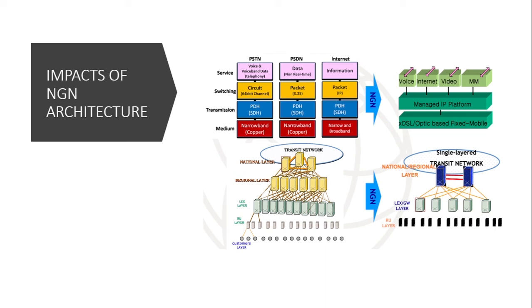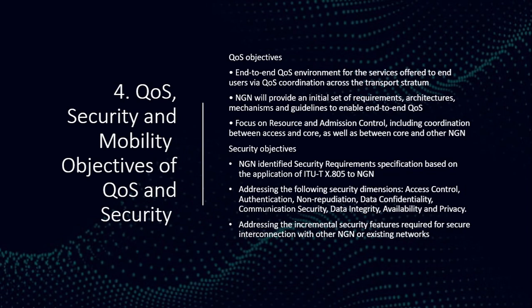Here we can see that there is more simplicity in the network overall. Okay, so now we're talking about QoS, or quality of service, security and mobility objectives. For the QoS objectives, first of all, there is an end-to-end QoS environment for the services offered to end users via QoS coordination across the transport stratum.